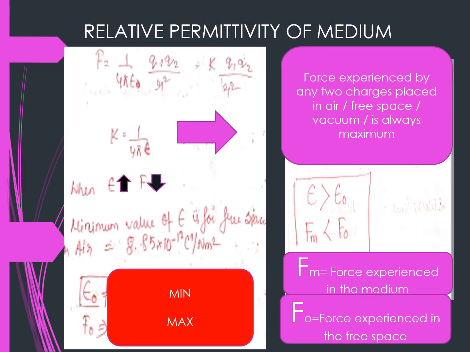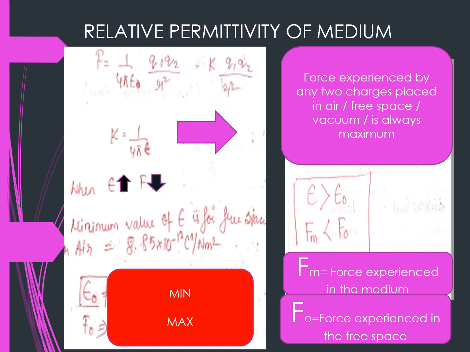So the next topic is permittivity of medium. Permittivity is the property of the material. Epsilon 0 is known as the absolute permittivity of free space, and epsilon is the permittivity of the medium.